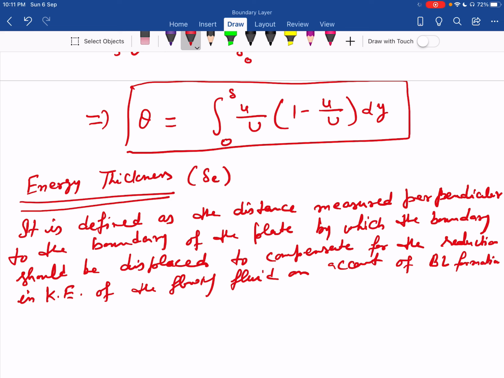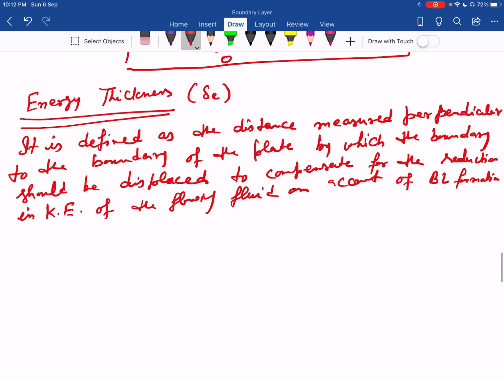Okay, so in energy thickness, we consider the loss of kinetic energy by the formation of the boundary layer. So that concept we use in determining the formula for energy thickness.